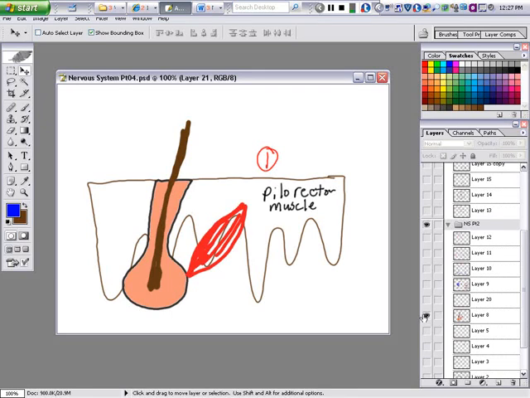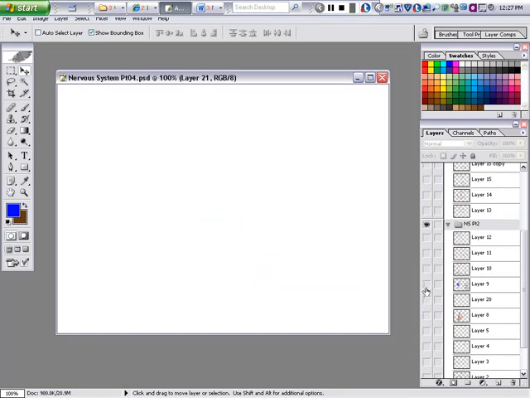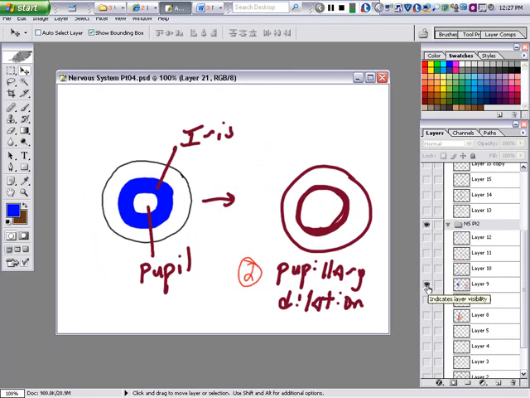So, do you need to have an inhibitory receptor here or a stimulatory receptor? Stimulatory receptor. So there are two types of stimulatory receptors: alpha 1, beta 1. Which one is it going to be? Alpha 1. Very good, because it's not one of the exceptions. Excellent.